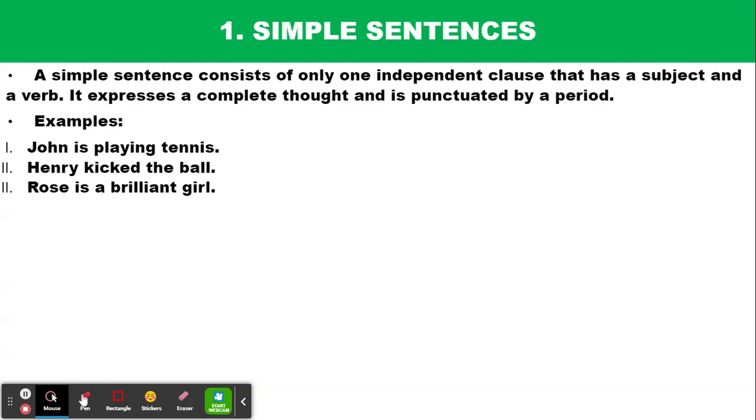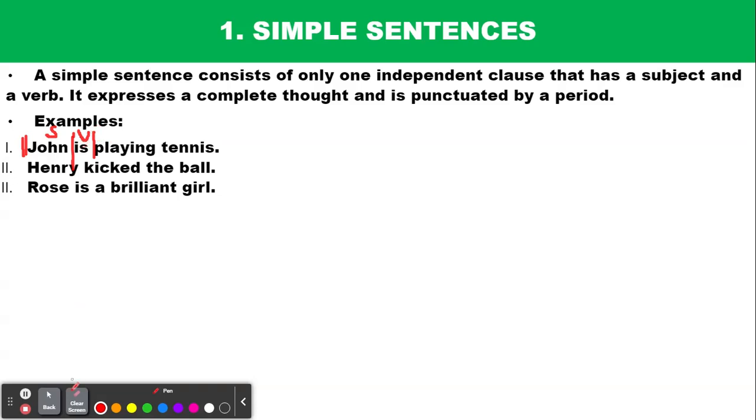And when you look at the structure of a simple sentence, you will discover that each of them has a subject. In sentence 1, John is the subject. Then it has a verb.